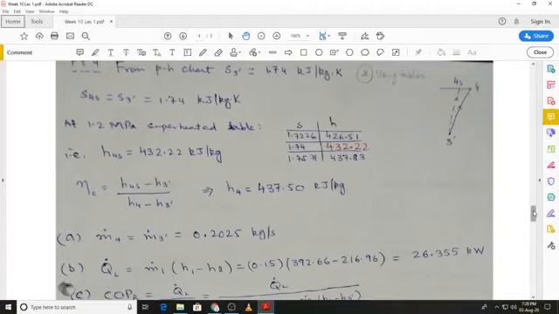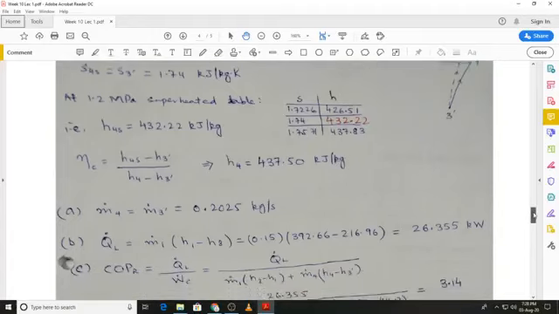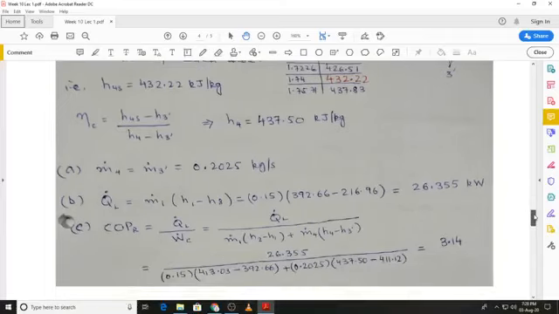And finally the COP of the system, that is the rate at which heat is removed divided by the work of compression, and the work of compression will be the sum of the work of compression of the low stage and high stage compressors. Q dot we have already worked out.